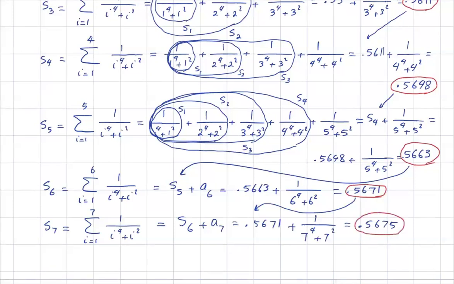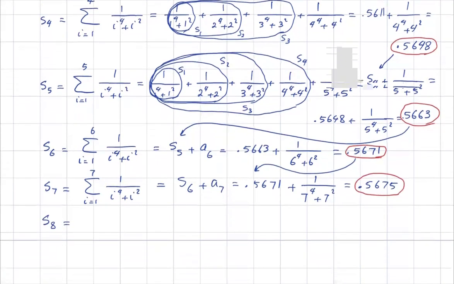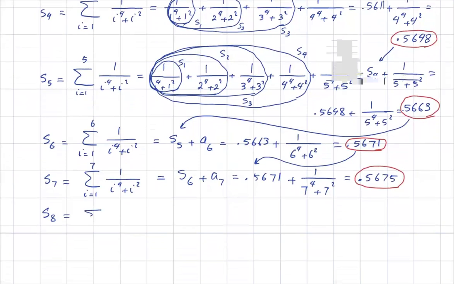And finally, the last sum, S sub 8, which is the summation of 1 divided by I to the 4th plus I squared, I starts from 1, goes to 8, which is the partial sum of the first 7 terms, S sub 7, plus the last term, which is A sub 8.